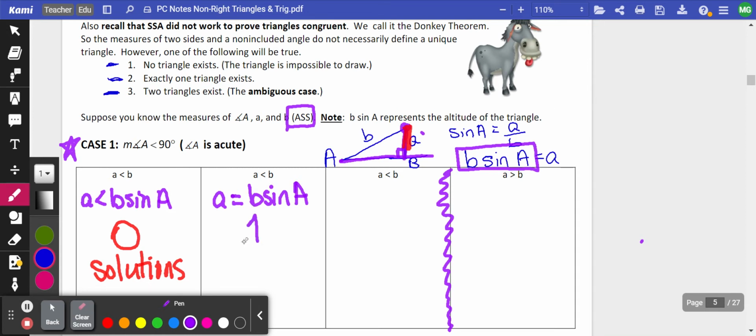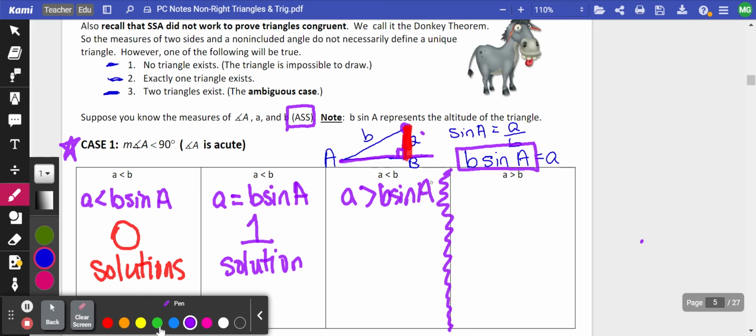We would have exactly one solution because what that means is that this side right here, again, I'll draw it in red, actually meets at a right angle with the third side. There's one other scenario, and that scenario is if side a is bigger than b sin A.